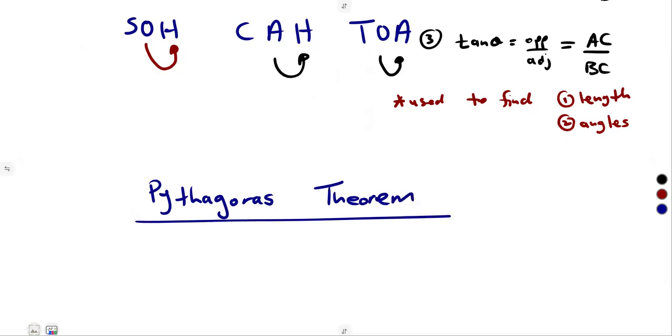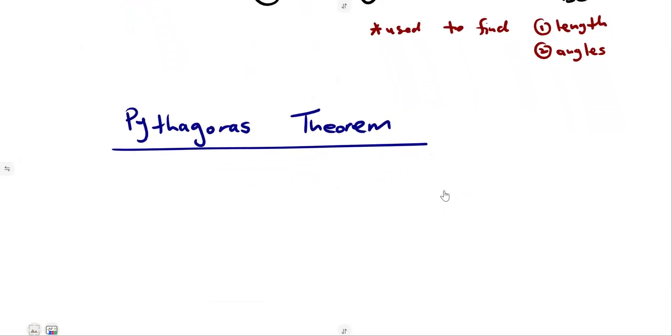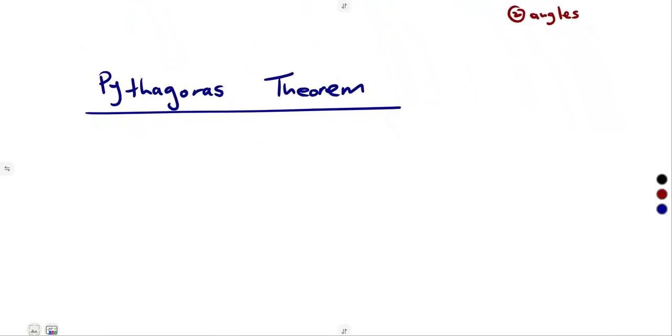Remembering that for us to apply this, it must be in a right-angled triangle. So given a right-angled triangle, let us just call this right-angled triangle ABC.